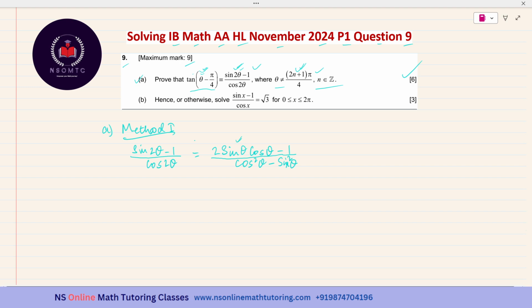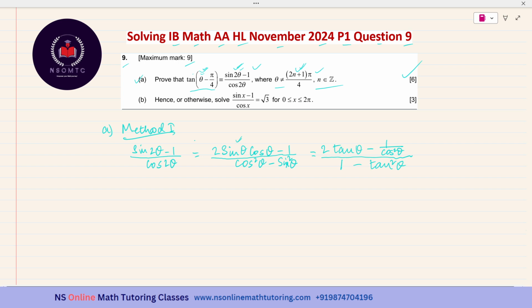Okay, so I can write this as 2 tan theta minus 1 over cos square theta, over... the denominator, cos square theta over cos square theta is 1, minus sine square theta over cos square theta is tan square theta.